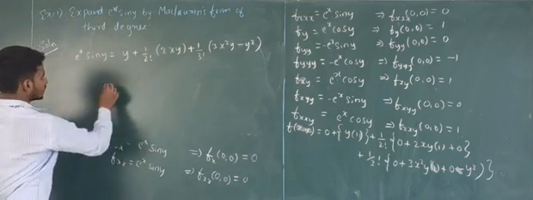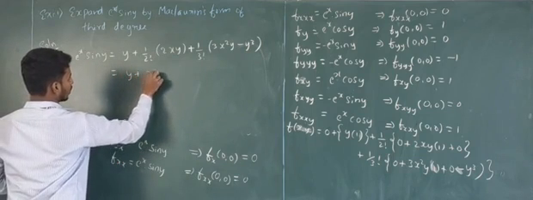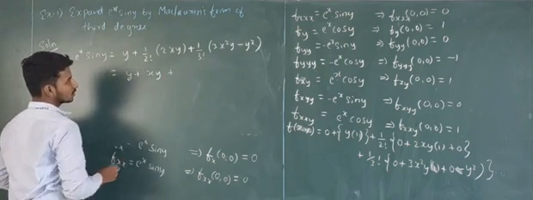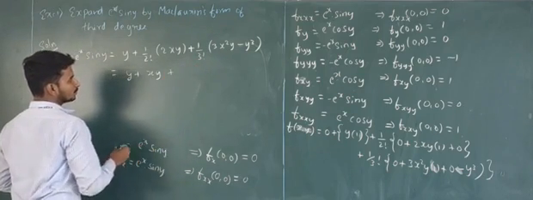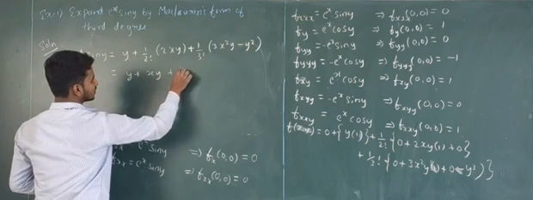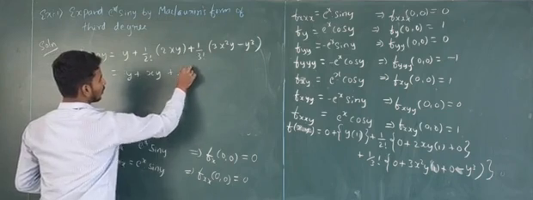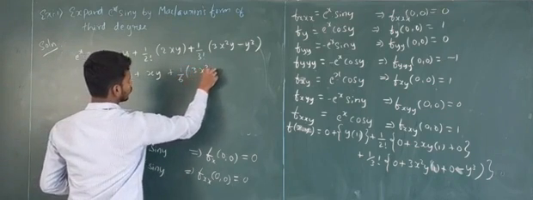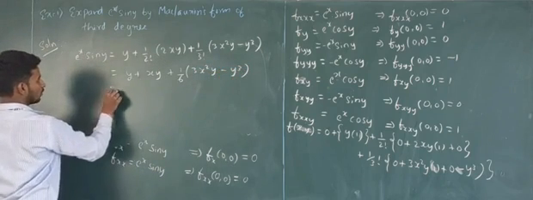Now again we will simplify this. That is y plus xy plus, 3 factorial means 3 into 2 into 1, that will be 6, that is 1 by 6 into 3x square y minus y cube.